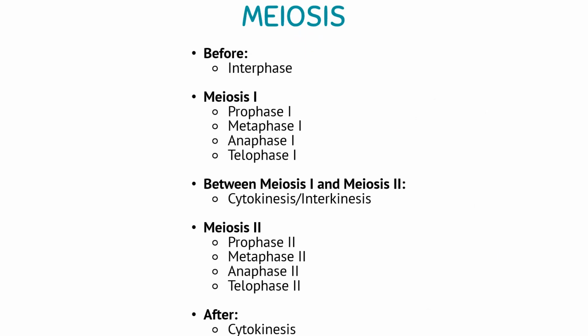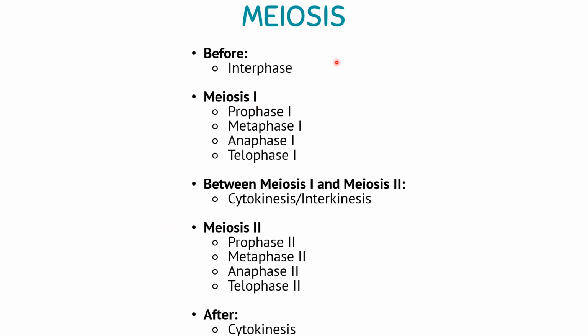So here is a list of all the different stages we're going to go through in terms of cell division. As you can see, we have meiosis 1 here, which still has prophase, metaphase, anaphase, and telophase, same way that mitosis did, but we put a 1 after it to indicate that it's part of the first cell division.